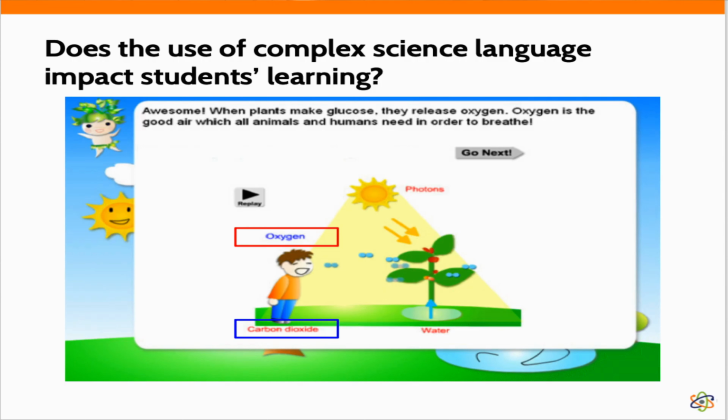Here's a quick example. In this image, you'll see a representation of photosynthesis. One group got this: oxygen, carbon dioxide, photons, and water. Photosynthesis is a combination of photons and oxygen and water that produces the byproduct of carbon dioxide. That is our control. For the alternative, we just wanted to make sure the language is easy.